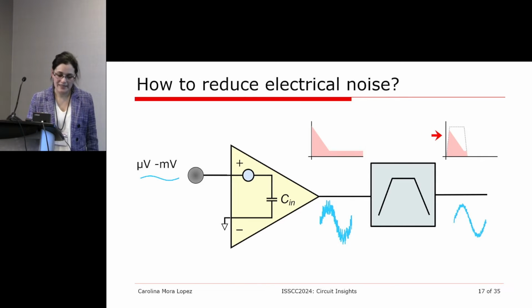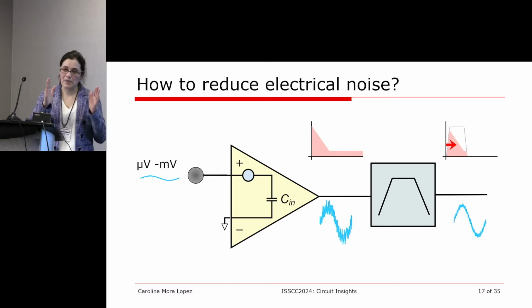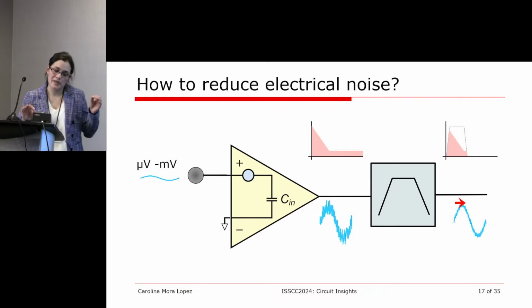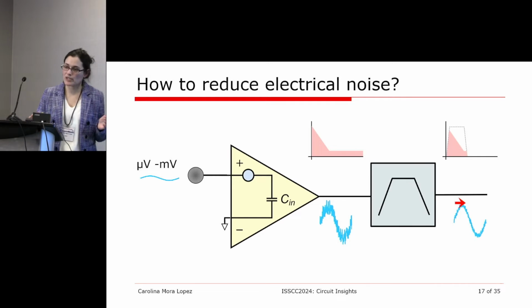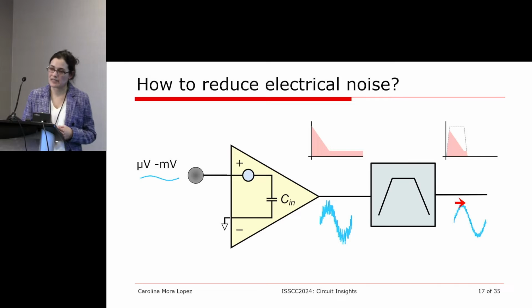You can indeed remove part of the low-frequency noise, and a lot of your thermal noise. But you will also have a noise component in your band of interest that you cannot get rid of just by filtering. So in the end, you will get a cleaner version of your signal, but maybe this is not enough for the specific application you need.